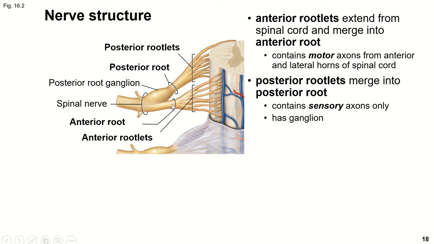These are going to contain motor neurons, the axons of motor neurons. The posterior side, we have the root ganglion, and then the group of neurons carrying sensory information emerges into the root, which then branches into these posterior rootlets that then enter into the posterior side of the spinal cord.